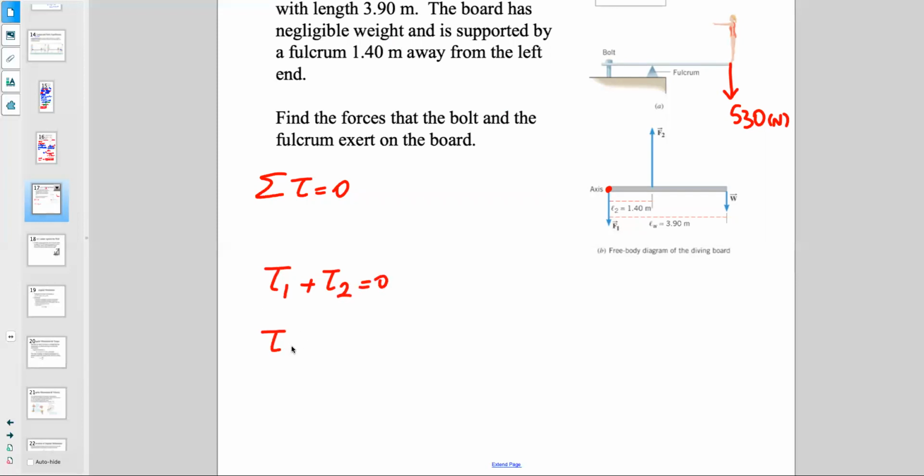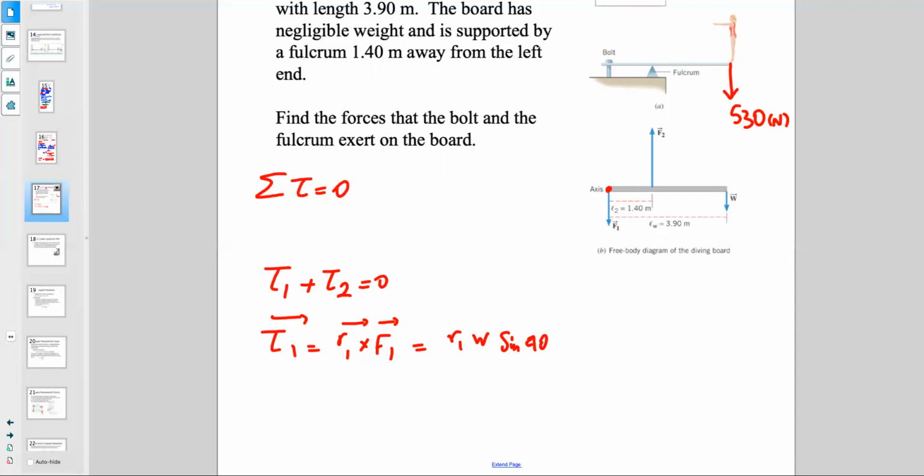So torque 1 is the torque because of this mg. So I have R1 cross F1, which is R1 times W times the sine of the angle between R and F, which is sine of 90 degrees.